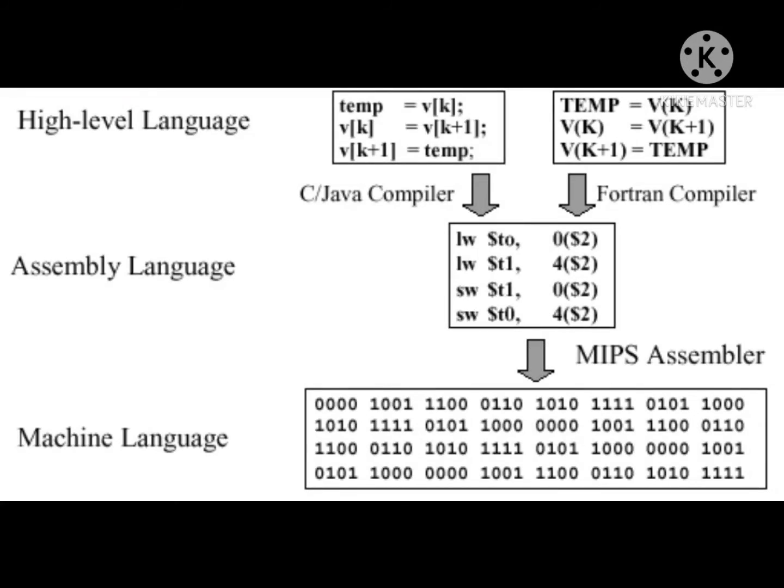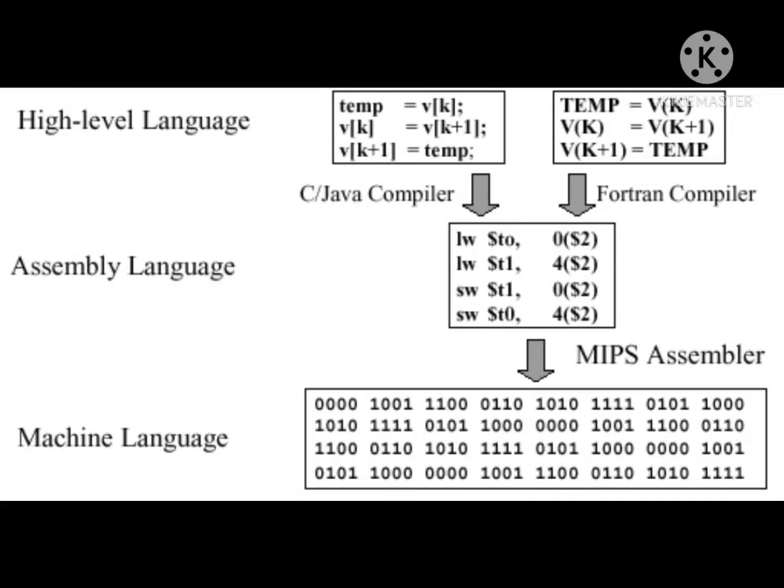So let's try to understand how it is getting converted to machine language in this diagram. In this diagram the high level languages are basically C, Java and other programming languages.